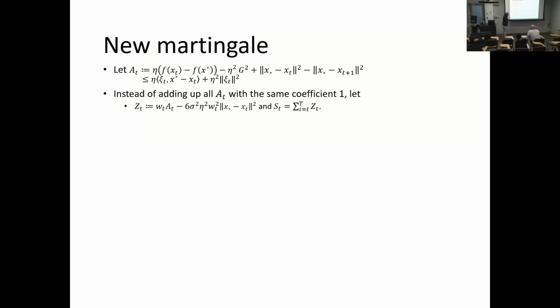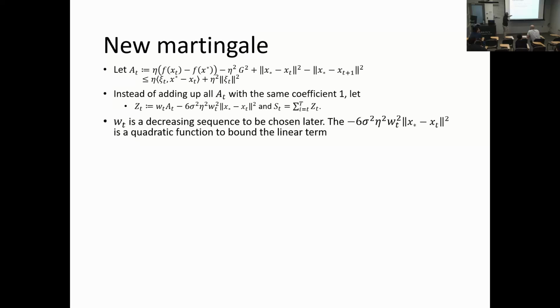Now the time step t has a certain weight wt, where before it was all 1, but now I have a different weight on different time steps, and the intent is that the weight will go down over time, and I also add a little bit of an extra quadratic term. This quadratic term is used to compensate for the linear term.